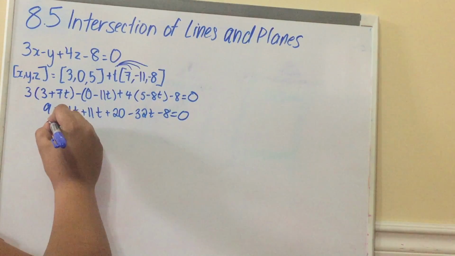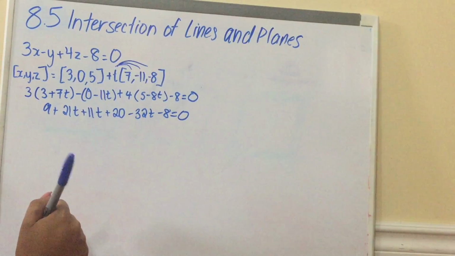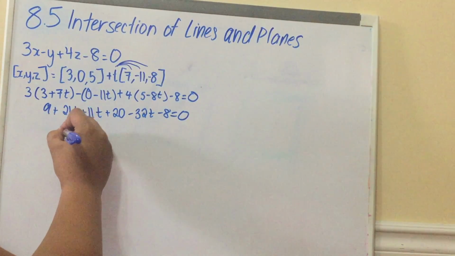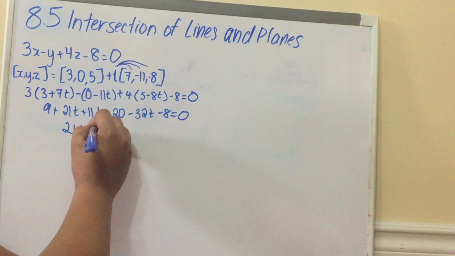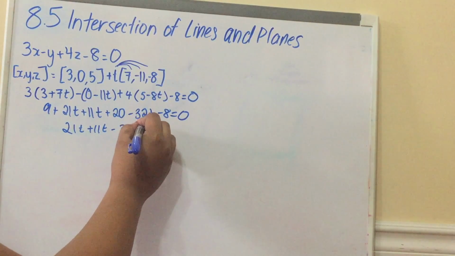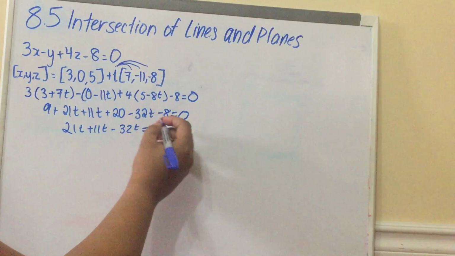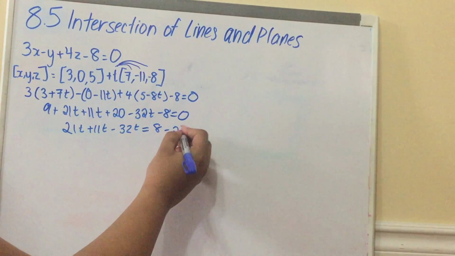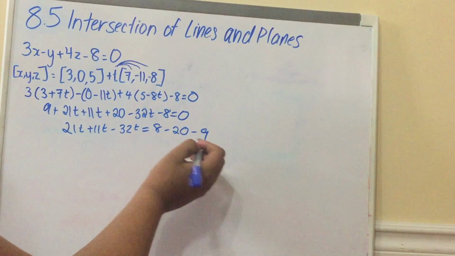And we're going to put all the like terms onto one side. So 21t plus 11t minus 32t is equal to 8 minus 20 minus 9.